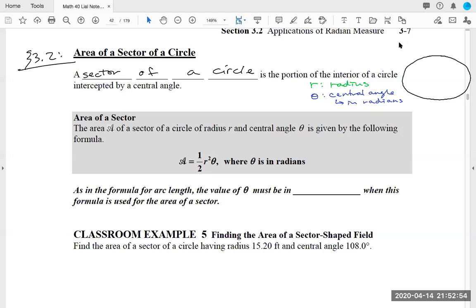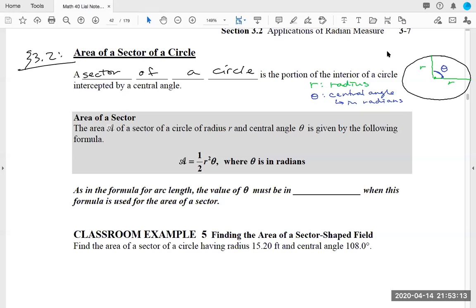You have your radius, R. Doesn't necessarily need to start from standard position. You have your central angle here, theta.